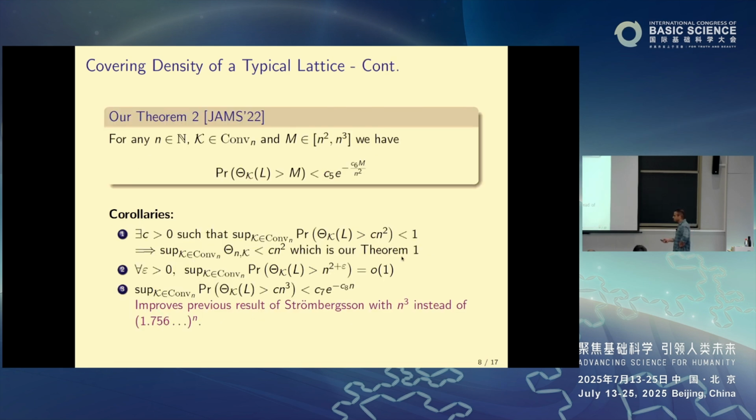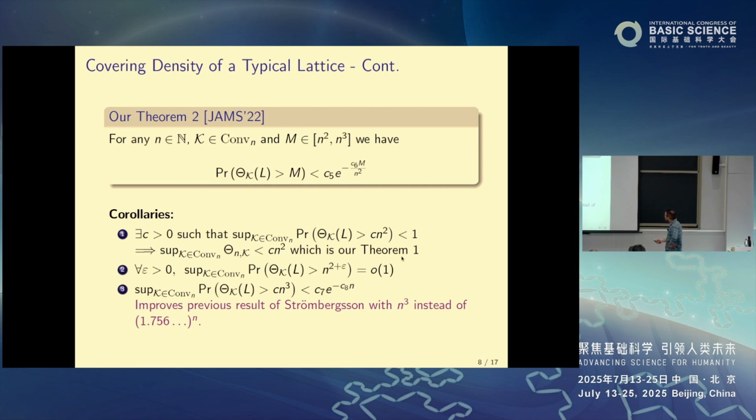So here are several corollaries from this result. First, our theorem 1 is a corollary of this. Why? You can choose m to be c n squared for some c large enough that will make this probability smaller than 1. And if the probability of this event is smaller than 1, then of course we have at least one lattice for which the covering density is less than Cn squared. Right, so this is a stronger result.